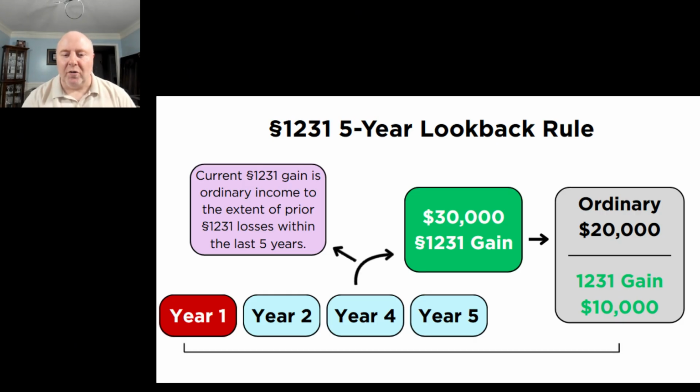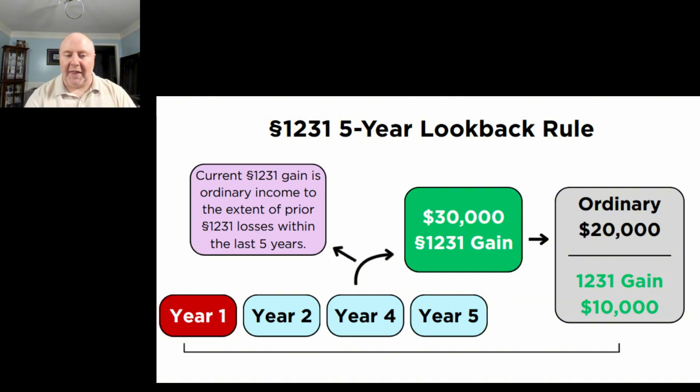Well, what we have to do is count back our 5 years, right? So we go all the way back. If we're in 2025, we go 2024, 2023, 2022, 2021. We're going to start at 2021 and work our way up. Well, we didn't have anything happen in years 2, 3, or 4, so we're not even worried about that. But what we did have was that $20,000 loss in year 1.